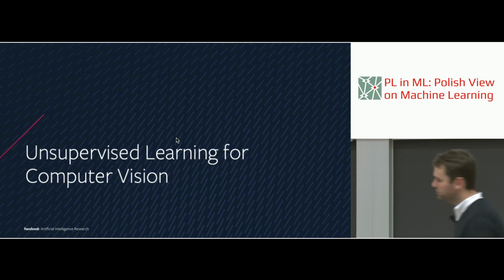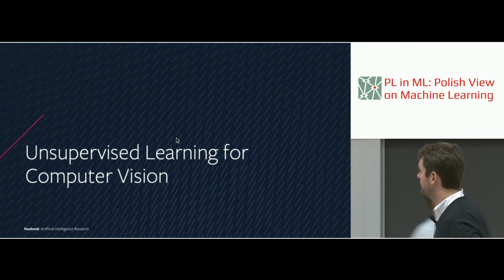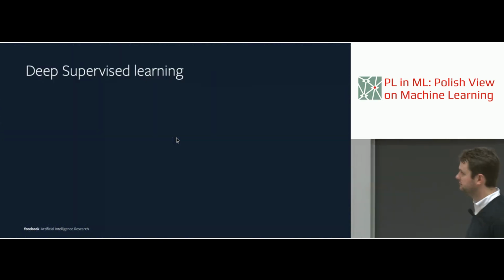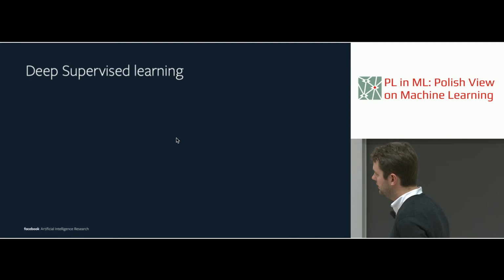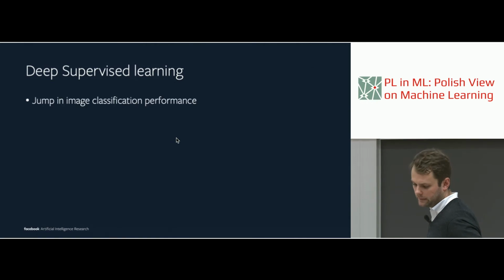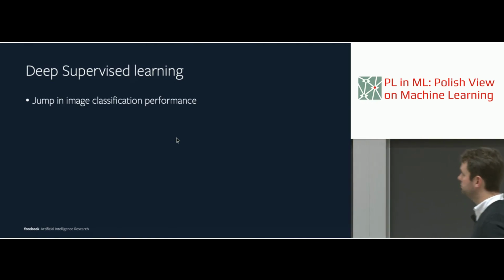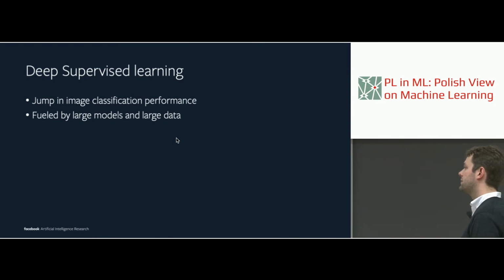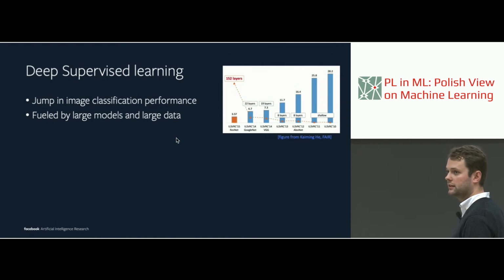So we're going to now move to unsupervised learning for computer vision. Most recent advances in computer vision are based on deep supervised learning. There was a big jump in image classification performance, fueled by having large models and large data.